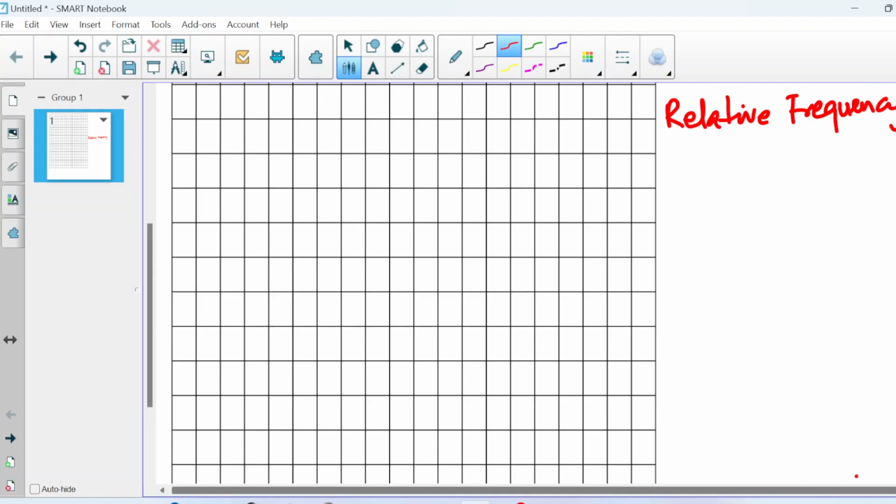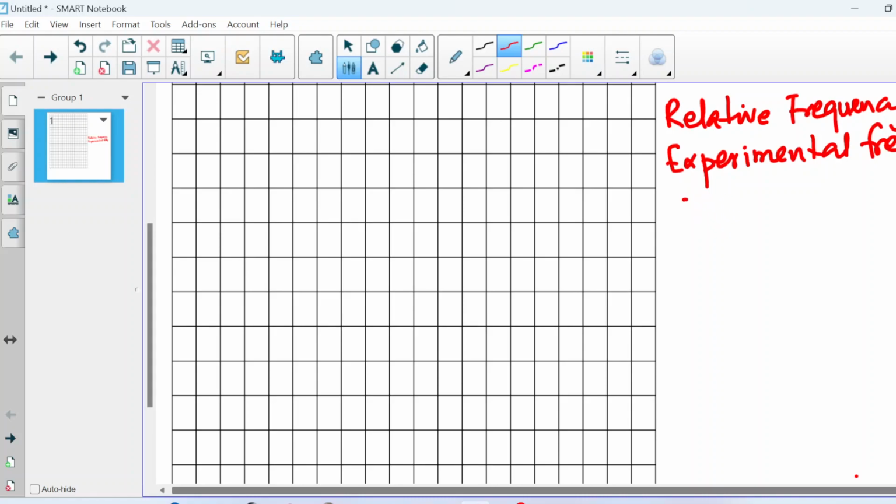Relative frequency is also called experimental frequency. So when you find in the exam paper "find the experimental frequency" or "find the relative frequency," just do not get confused. It's the same thing.